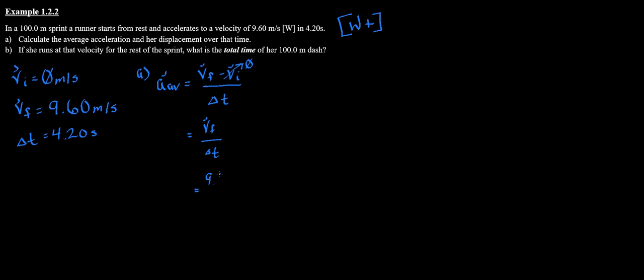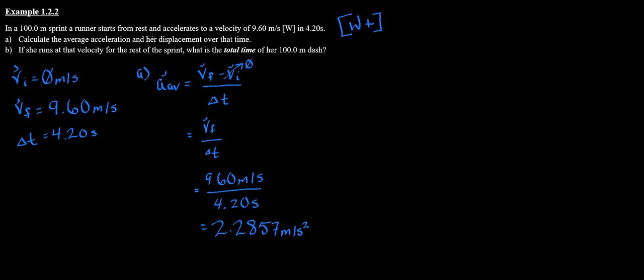So our 9.60 meters per second divided by 4.20 seconds. If we type that into our calculator, what we end up with is 2.2857 meters per second squared is our acceleration.